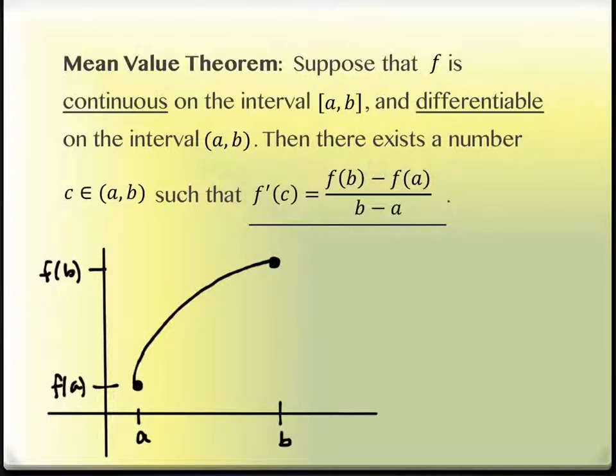If I were to find the right-hand side, this piece right here, this is actually just an expression for slope. f of b minus f of a over b minus a. It's y2 minus y1 over x2 minus x1. Okay, that's all it is. So what this is actually finding on the right-hand side is the slope right here of this line. I'm going to do that in red, in a line.